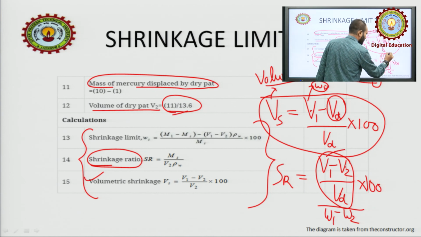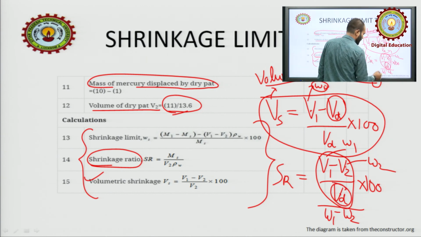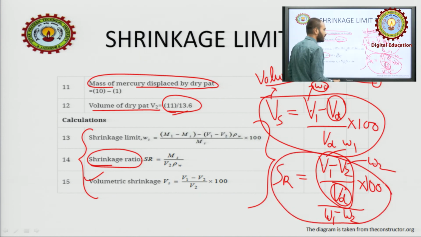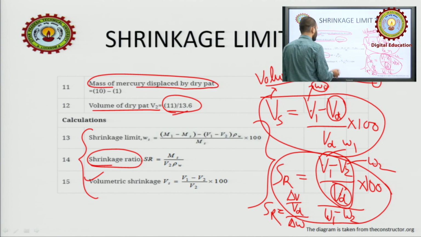It is for W1, it is for W2: volume corresponding to W1 moisture content, volume corresponding to W2 moisture content. But their ratio is found according to the Vd only, and these are W1 and W2, for them moisture contents are these. So this will give you the shrinkage ratio, the ratio of volume change and water content change. You can say delta V by Vd upon delta W. This gives you shrinkage ratio. And shrinkage limit we have already found out.